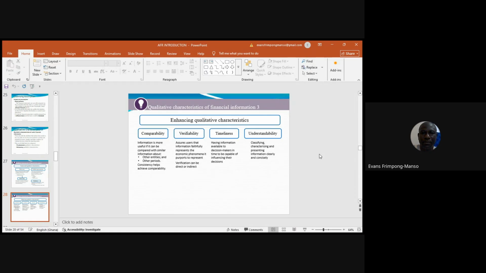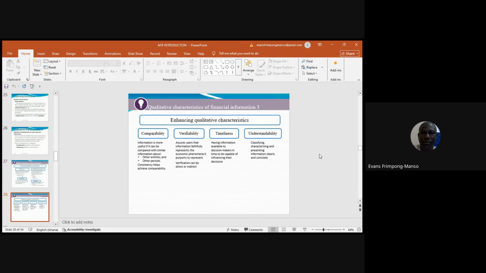These are all qualitative characteristics that complement relevance and faithful representation, so that users of the prepared financial statements get the needed information to help them make an informed or economic decision.